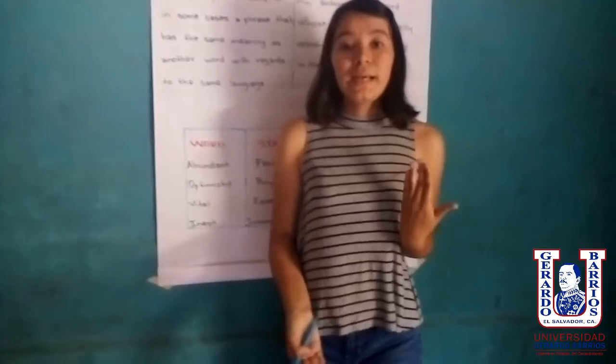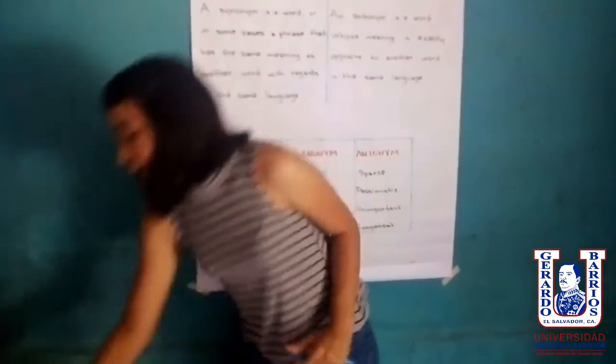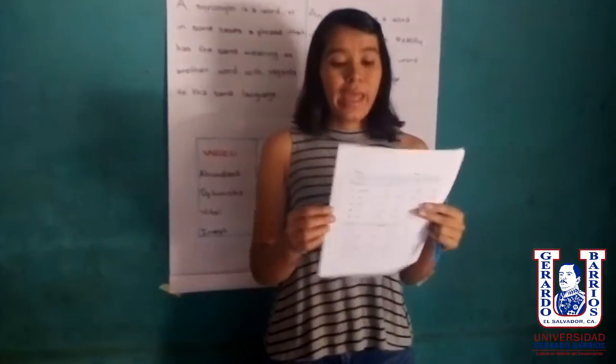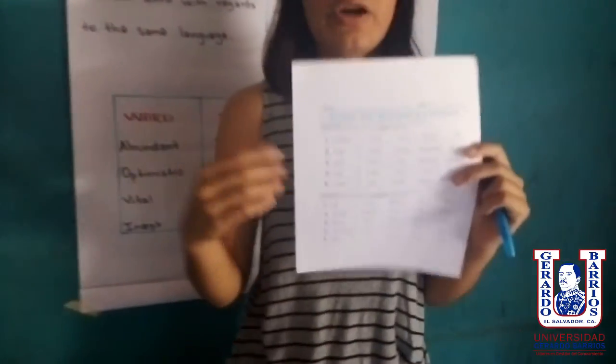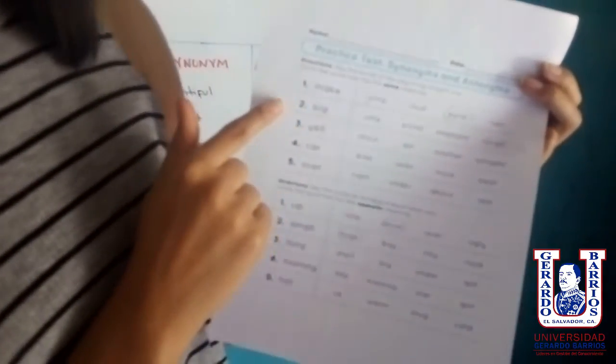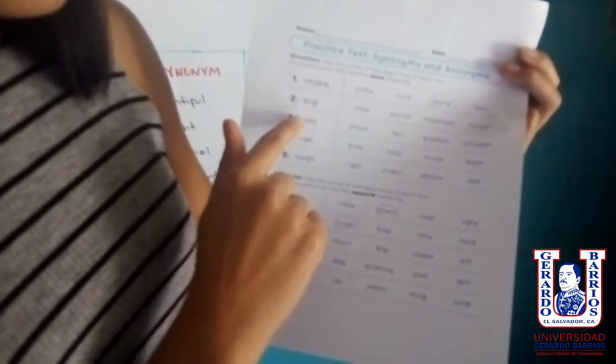So during the class, I will give my students a worksheet, and in the worksheet they are going to work as the instructions say. They have to circle in the first part the word with the same meaning as this verb.